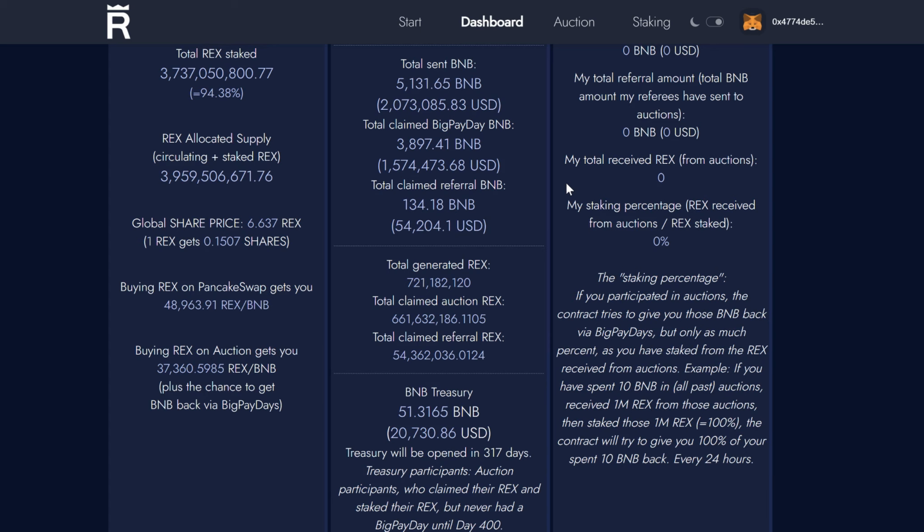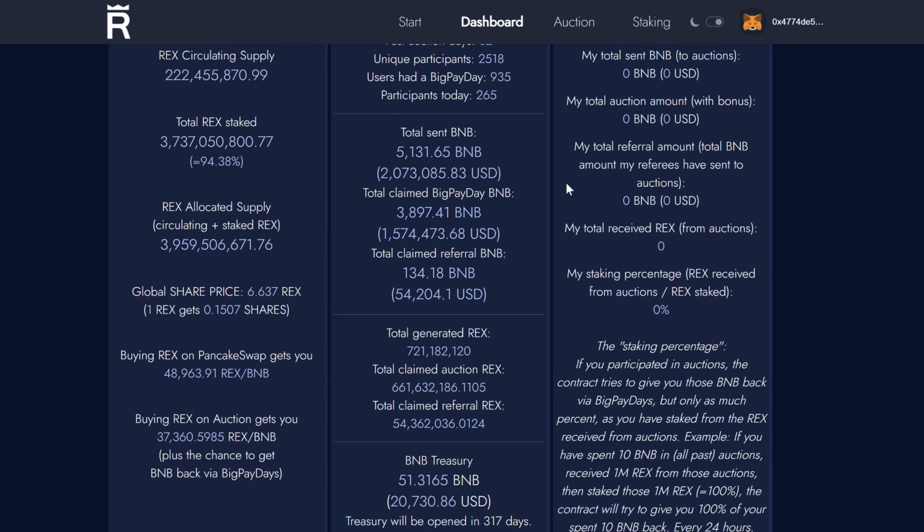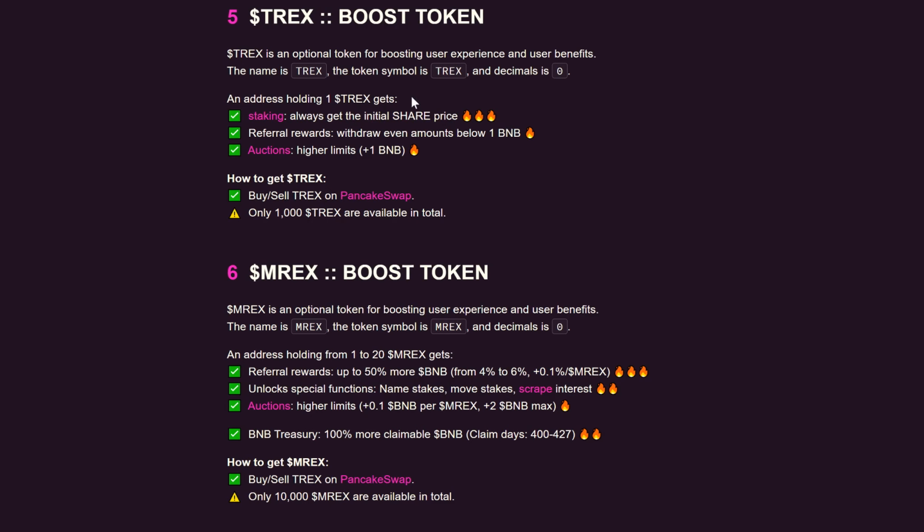Essentially, the way it works is that currently it costs about 6.637 REX to get 1 share. Now, if you're holding a TREX, you get the initial share price, right? Like it says right here, always get the initial share price.